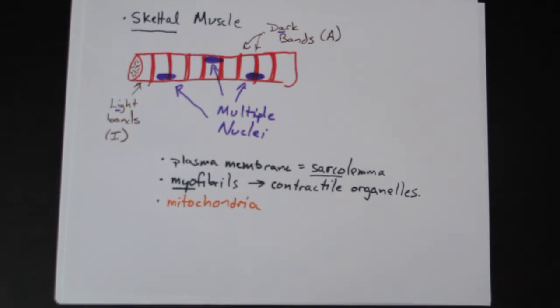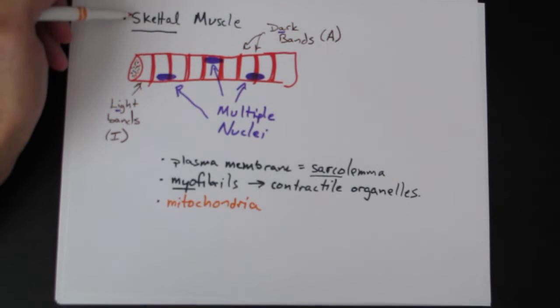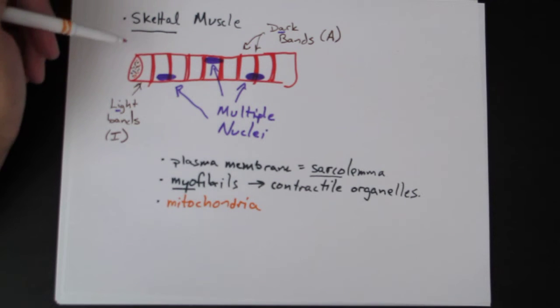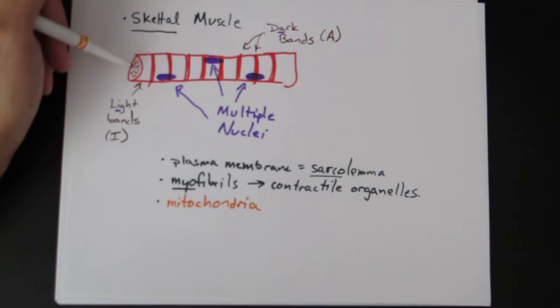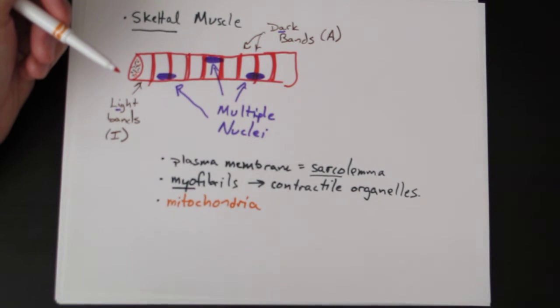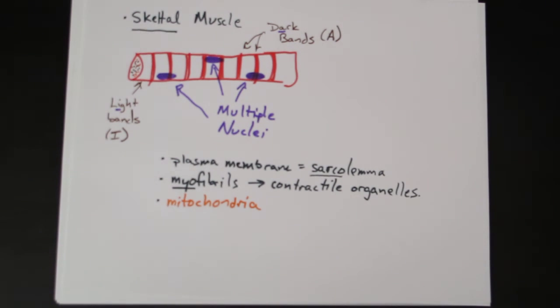Right? We talked about ATP synthesis already, and during exercise especially, our skeletal muscle cells need a huge amount of ATP. So it's no surprise to find that the muscle cell itself is just chock full of mitochondria.